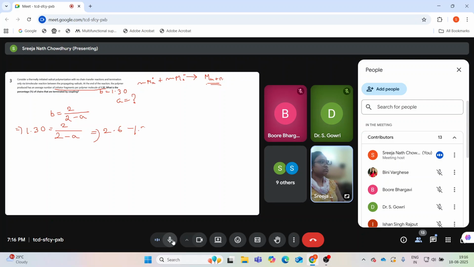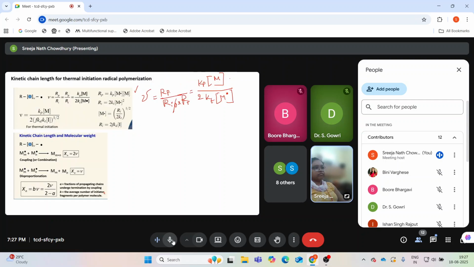Now we have the formula for m dot and for Ri, so as necessary we will put them in, and by simplification, by putting all the values of m dot and I, the formula comes out like this for thermal initiation reaction. But you don't have to remember this formula; just remembering Rp by Ri will be sufficient to solve the problems.